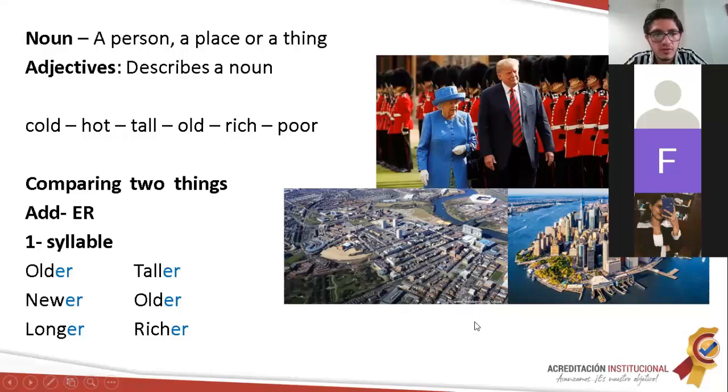Okay, teacher, New York is larger than Sunderland. Yes, New York is larger than Sunderland. We can say another example: Sunderland is smaller than New York. So that's how we use comparatives to compare places. Be careful with the number of syllables you have.